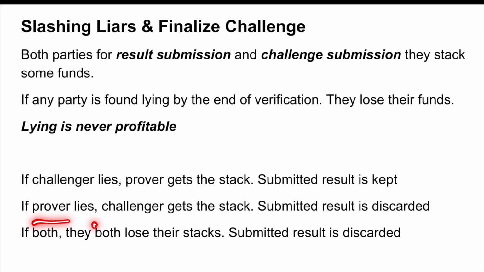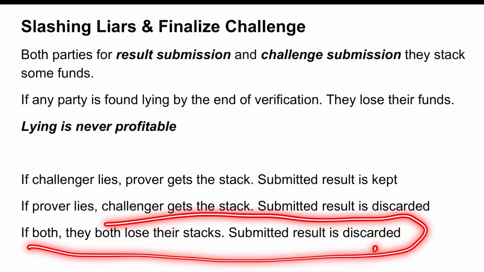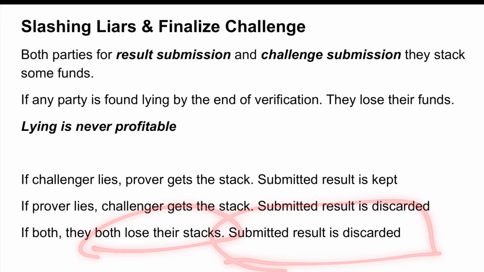If the prover lies, the challenger gets the stake, and the submitted result is discarded, so you cannot sneak in anything bad. And also the cool thing is, if they both are lying, we're going to find it out as well, because the OSP happens on the chain. So in that case, both of them lose their stake and the submitted result is discarded again.